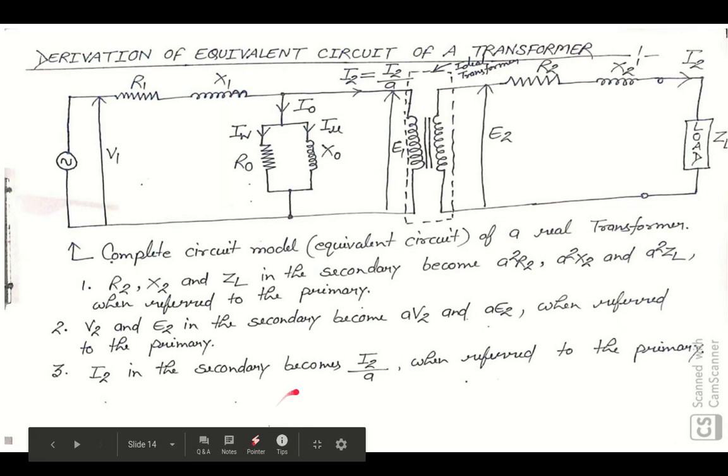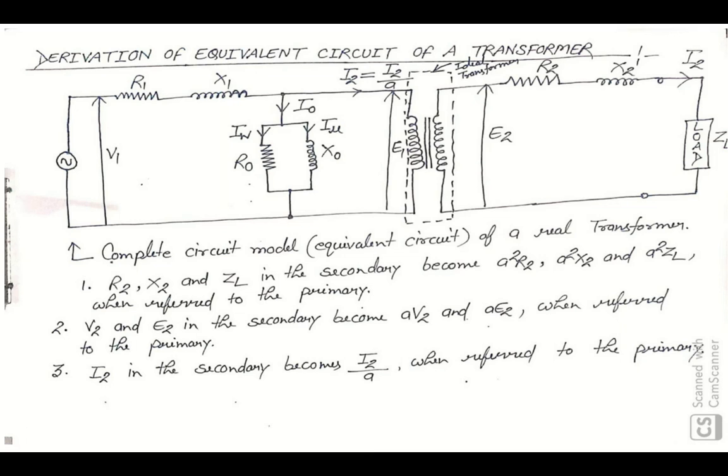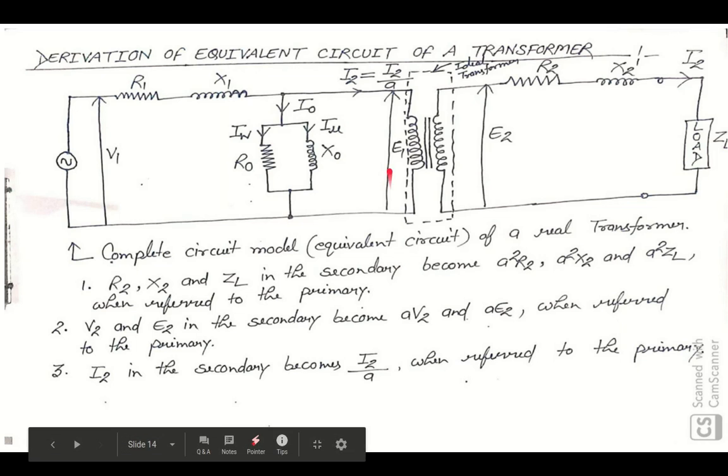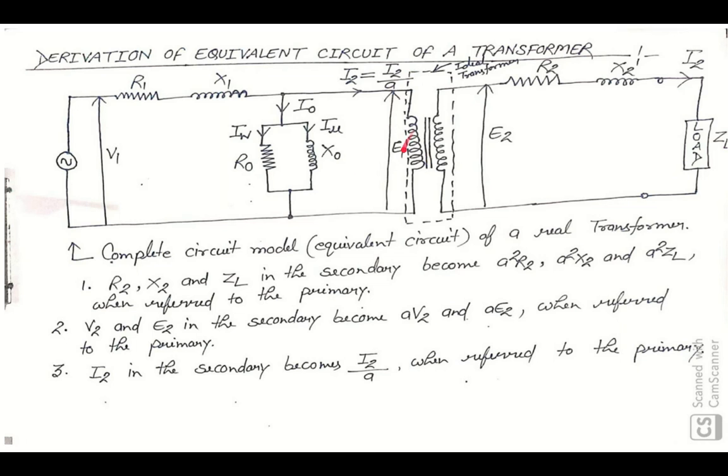In the third point we are saying all secondary currents are reflected to the primary inversely as the transformation ratio. So I2 in the secondary becomes I2 upon A when referred to the primary.